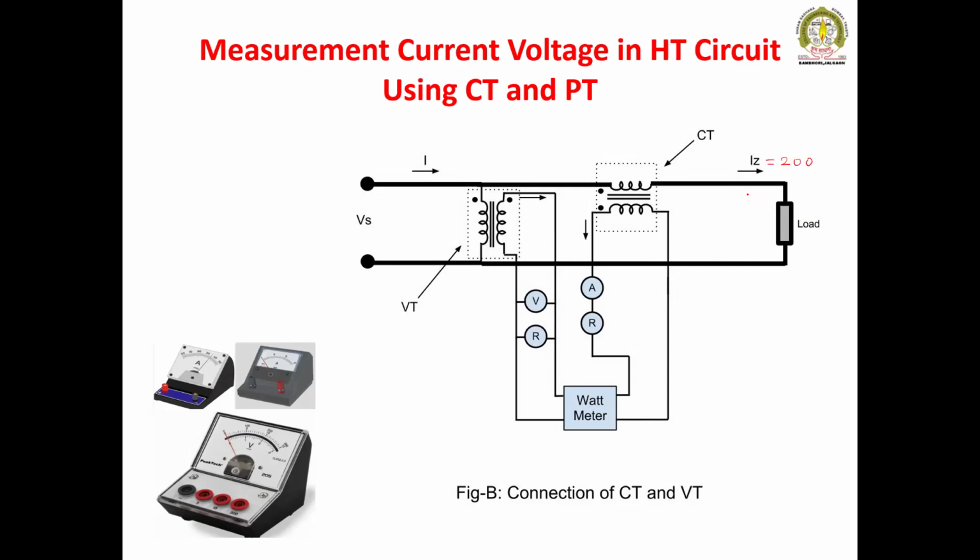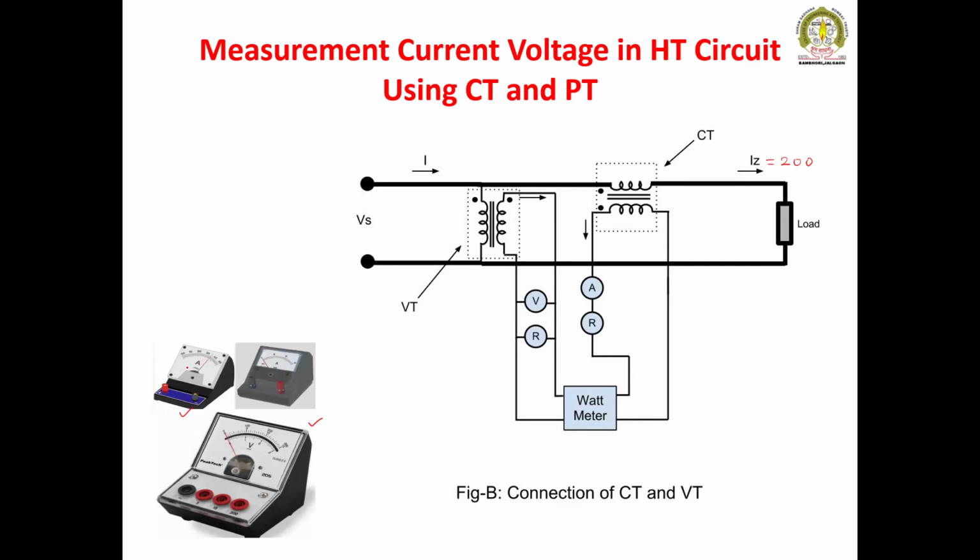This 200 ampere is not possible to measure with our ordinary ammeters, and even if the voltage of the circuit is more than 600 volt or 11 kV, again it is not possible to measure it with our lab voltmeter and ammeter.